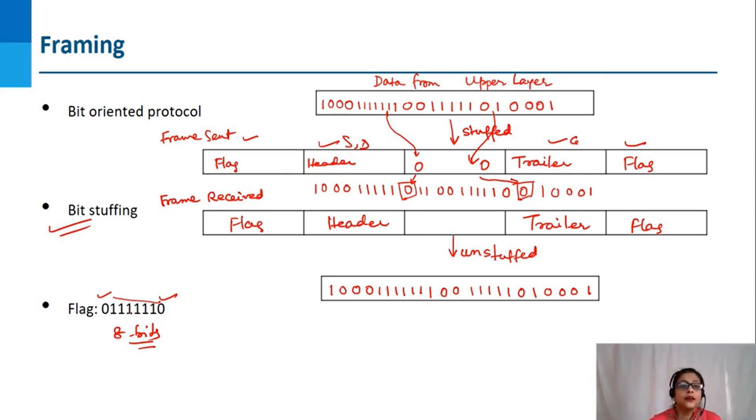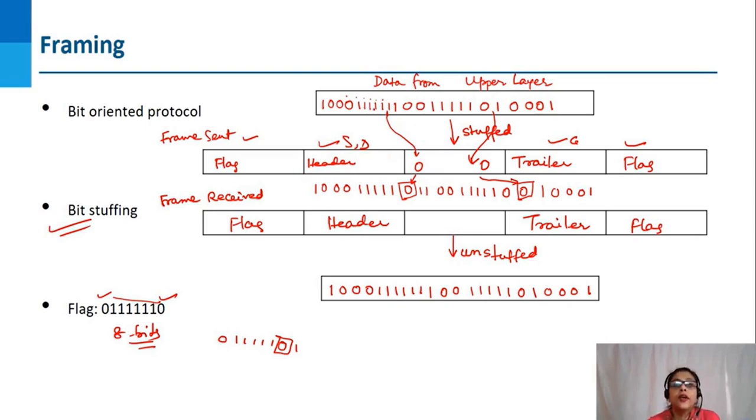Now since the flag is of this nature, whenever in the data there is a 0 followed by 5 ones, a 0 should be inserted in between so that even if 1 comes after it, it should not be mistaken for a flag. So this is known as bit stuffing as opposed to byte stuffing in the byte-oriented protocol.